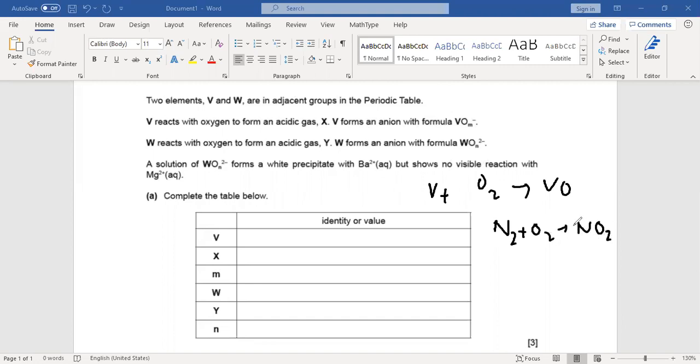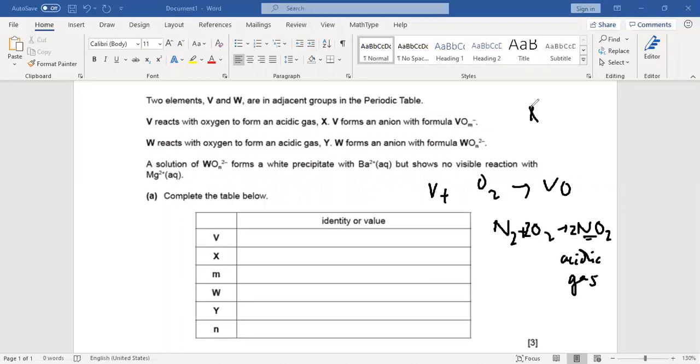I'm pretty sure that we have a 2 here, and this one is actually 2. So we have an acidic gas. The reason why I pick nitrogen is because the anion given is VOM minus.